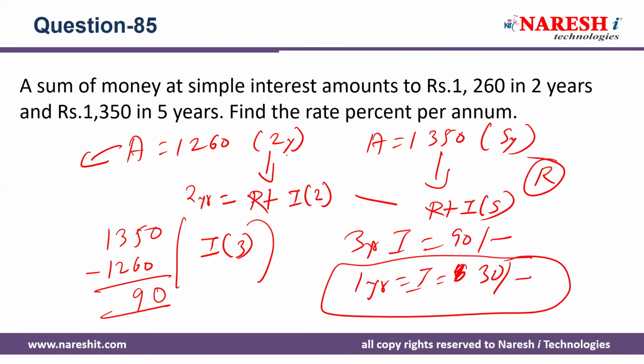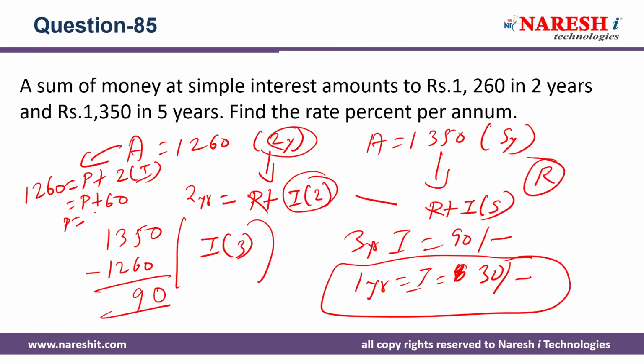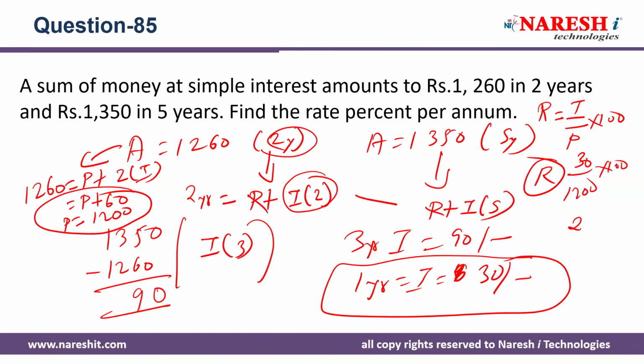Now in the first one, 1260 includes principal plus 2 years of interest. I can also write that as P plus 60 rupees, and the principal will become 1200 rupees. If principal is 1200 and interest is 30, rate of interest is the interest you calculate on principal into 100. So 30 by 1200 into 100, 1 by 4th, 25%.